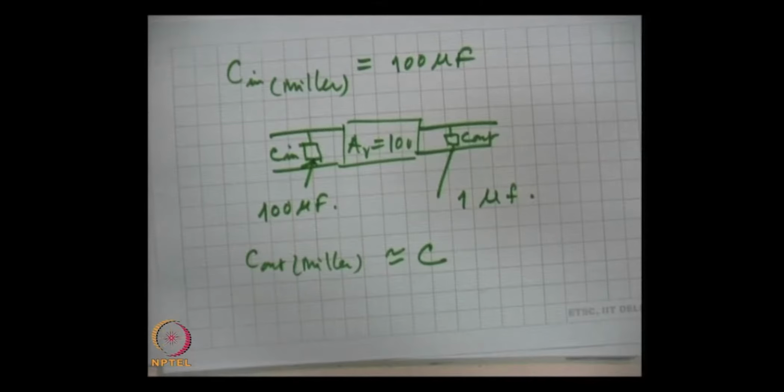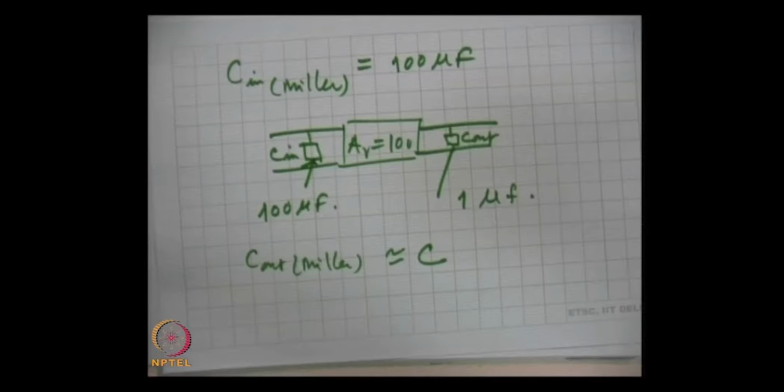So, this is about the Miller effect, Miller theorem, and we will use these results. So, remember the fundamental expressions of how the impedance gets modified in the two cases.